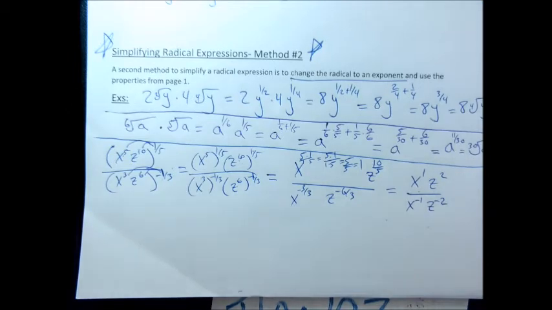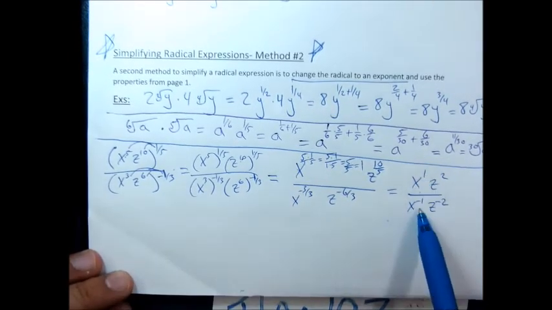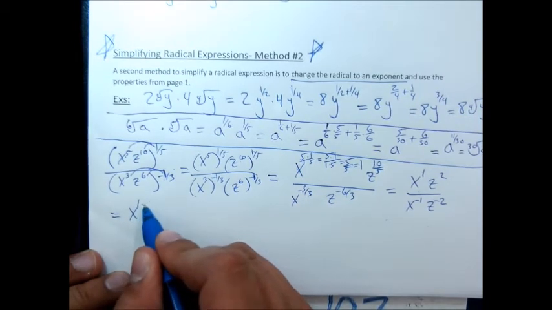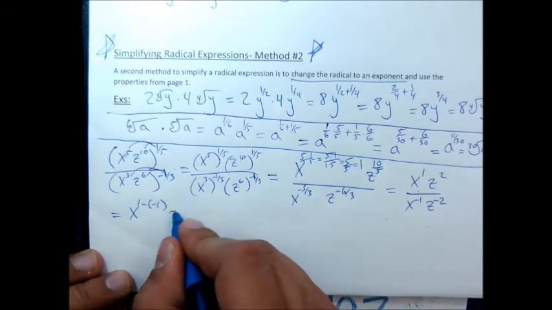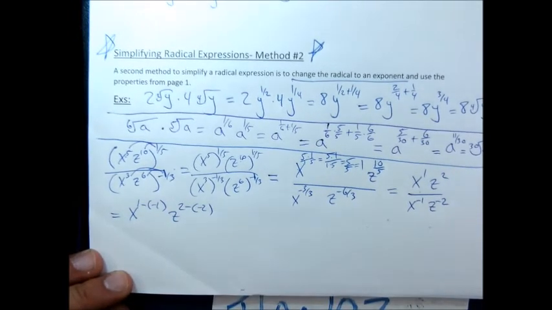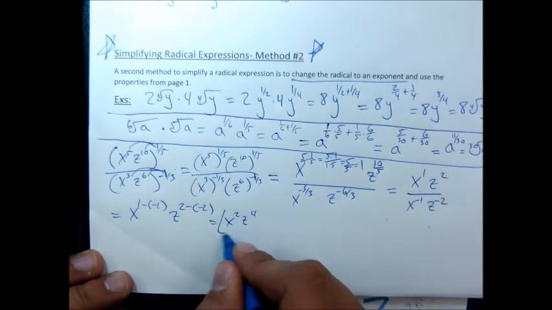You can do that. I'm going to do it two different ways here. I'm going to do the subtraction way first. So this could be x to the 1 minus negative 1 and z to the 2 minus negative 2. That's using the subtraction property of exponents. And so we'd get x squared z to the 4th. That's good.